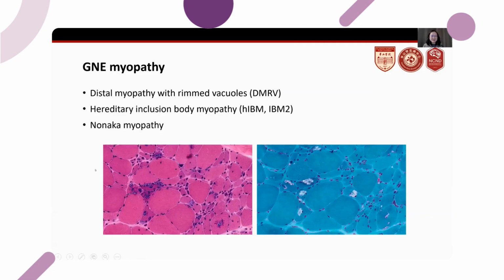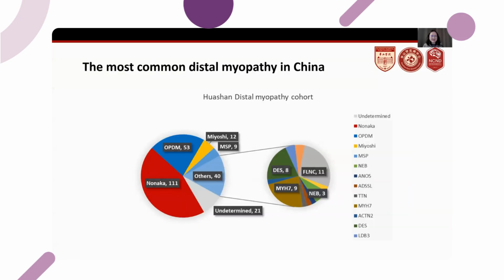Okay, so you know all about GNE myopathy, which is characterized by rimmed vacuoles on the muscle pathology. It is also the most common distal myopathy in China. It comprises almost half of the distal myopathies in our single center cohort.